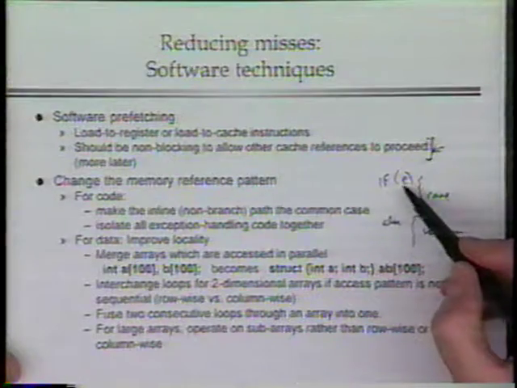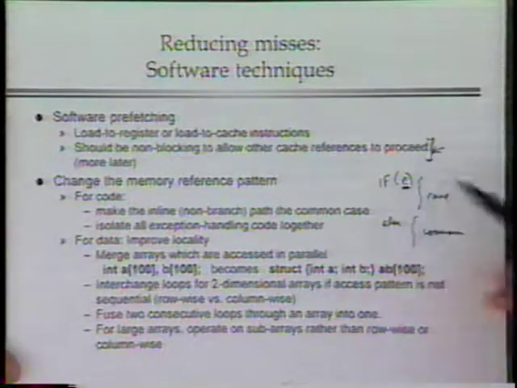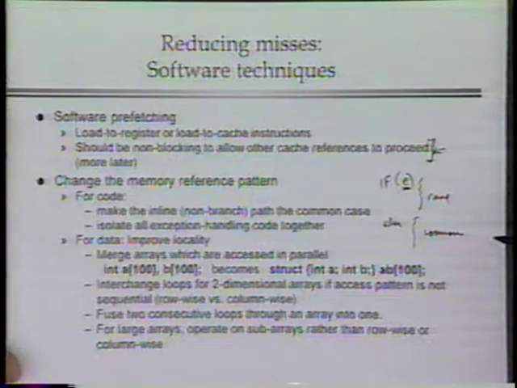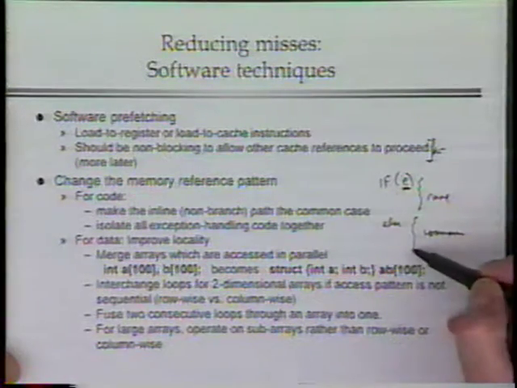And as long as you correctly predict the branch, and not taken is the right choice to make in that case, then you're not going to be making scattered references to instruction memory.